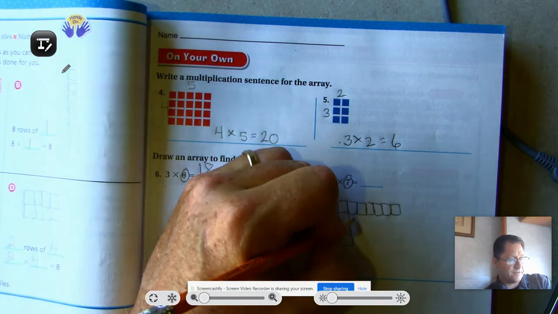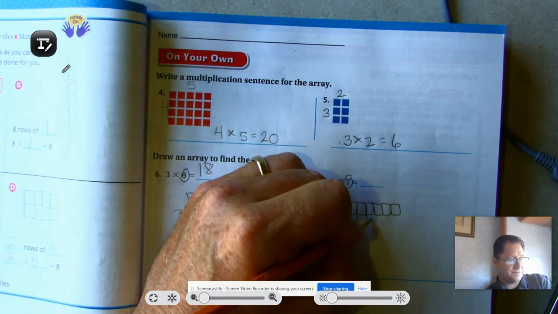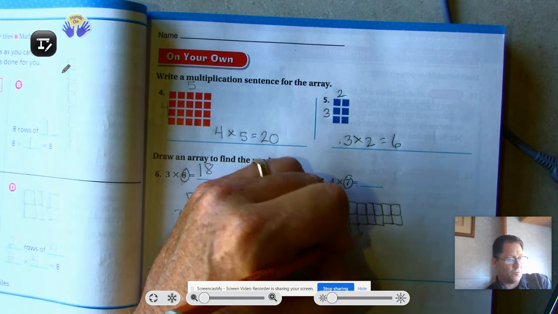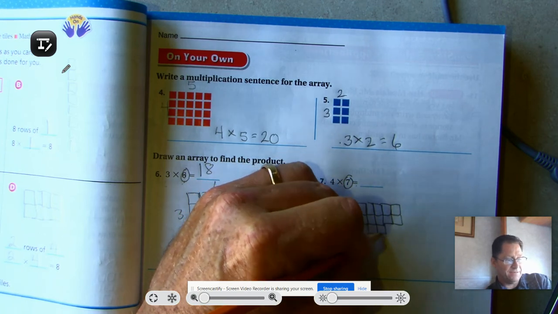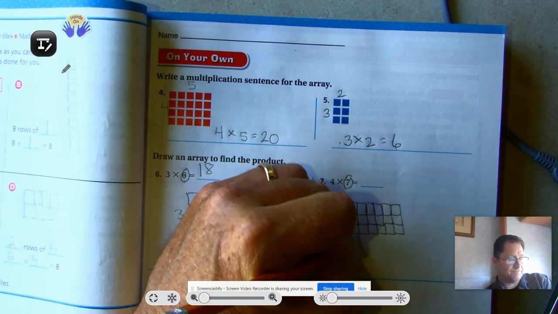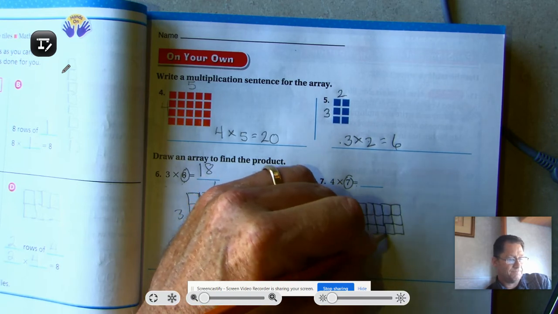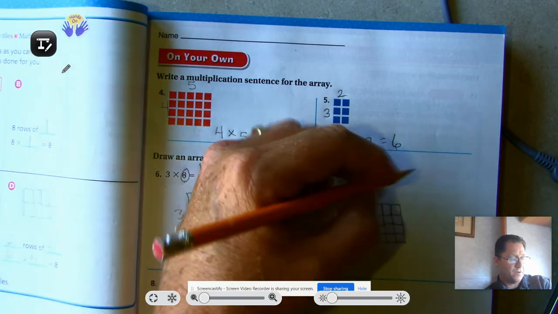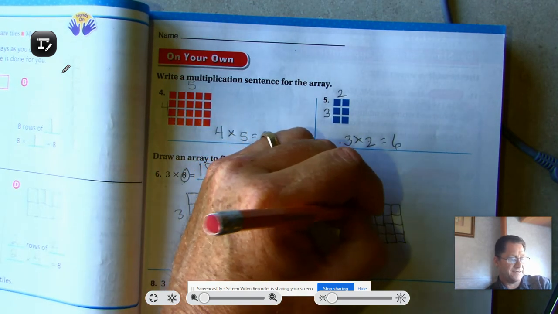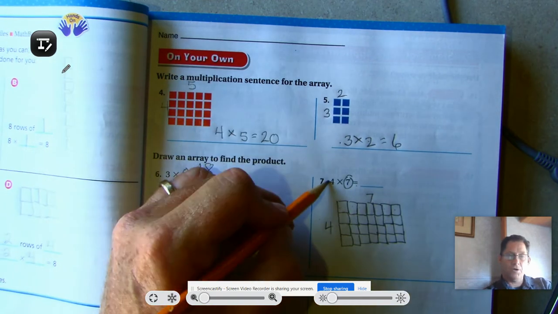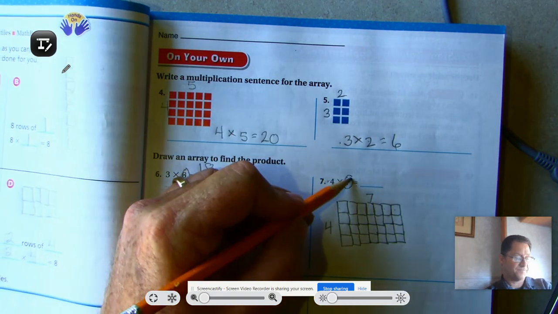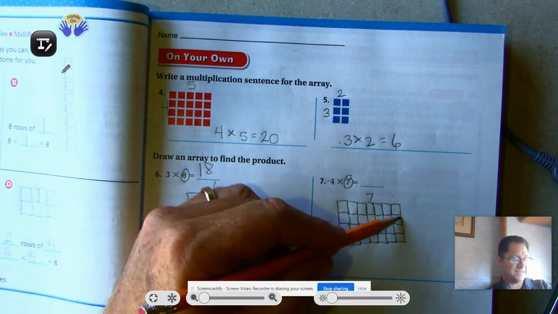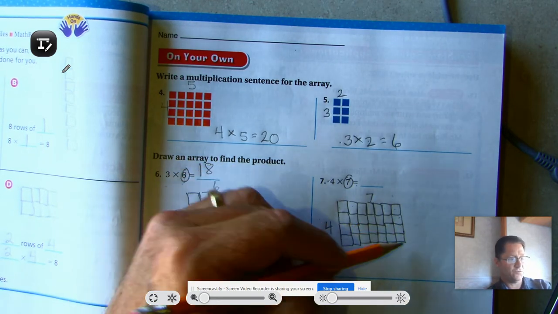And just continue to add 7 to each row, or make sure that each row has 7. Okay, so 1, 2, 3, 4. 1, 2, 3, 4, 5, 6, 7. So 4 rows of 7, 7, 14, 21, 28.